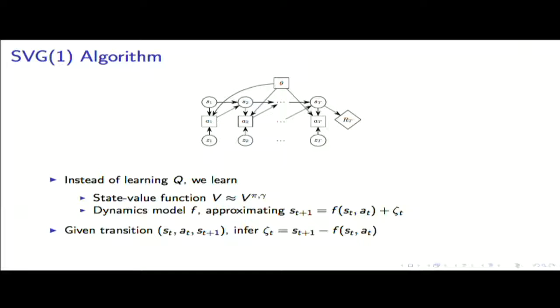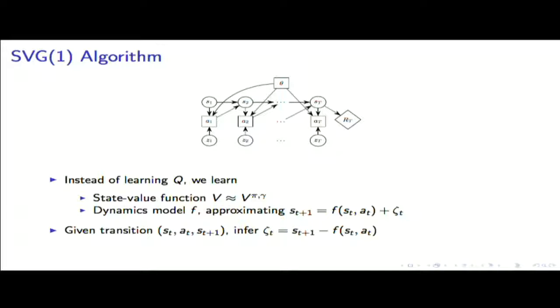The problem is your dynamics model might not generate that trajectory. Your dynamics model is going to be wrong, so it's going to predict different transitions than the ones you actually see. So you see state, action, next state. Those are the ones you actually measure, but then your dynamics model might predict a different next state.